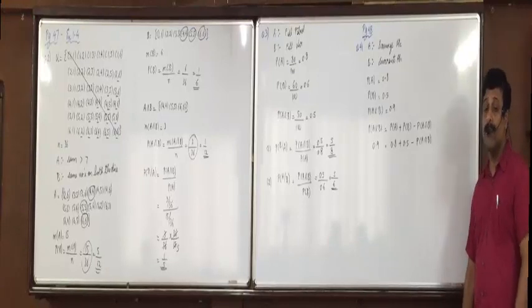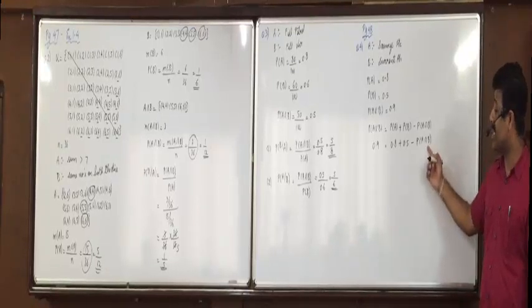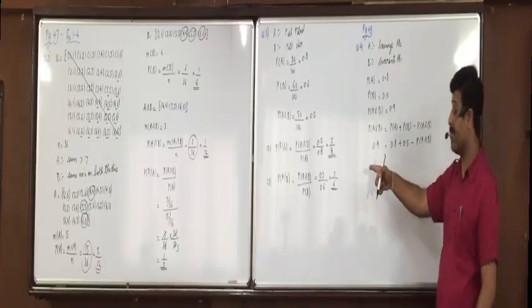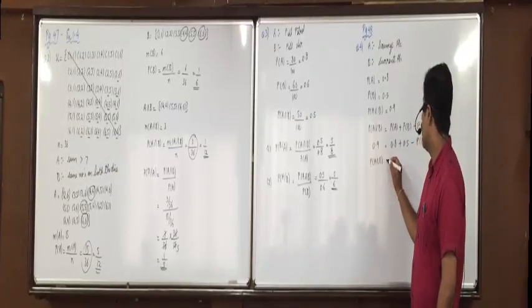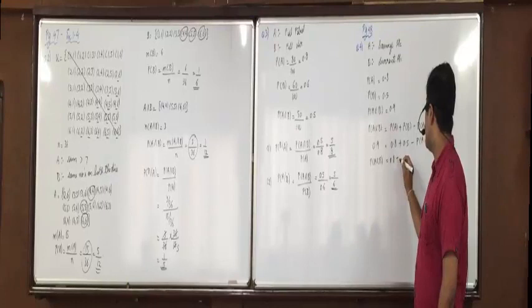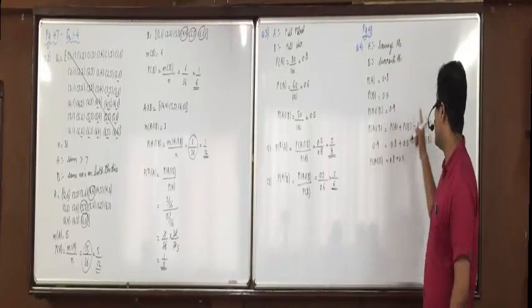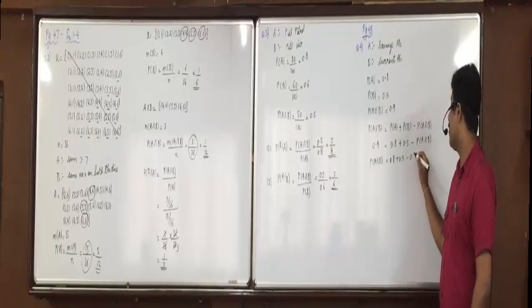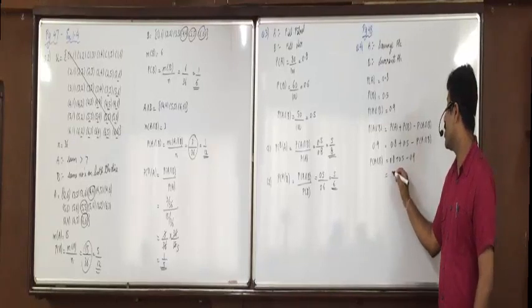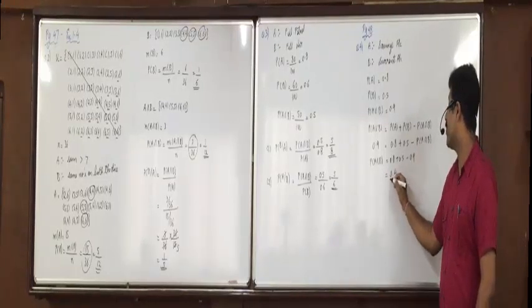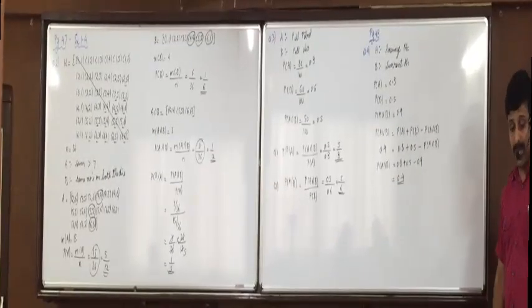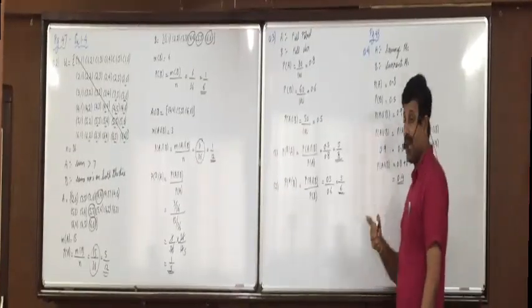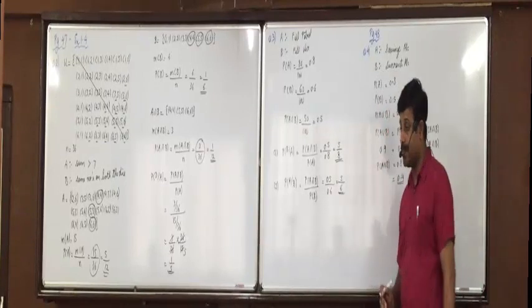Alright everyone? Minus PA intersection B on the left side will become plus. 0.8 as it is, 0.5 as it is, 0.9 on the right side will become minus. So is it 0.4? 0.8 plus 0.5 minus 0.9, 0.4. Now we can find the probability asked in the question.